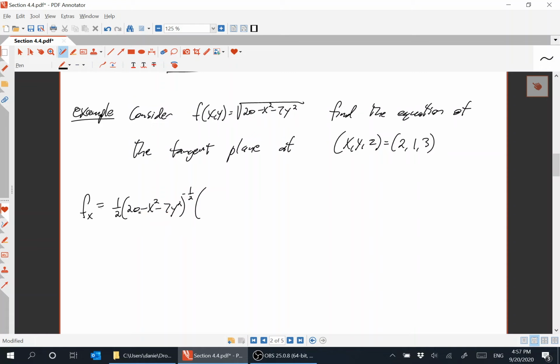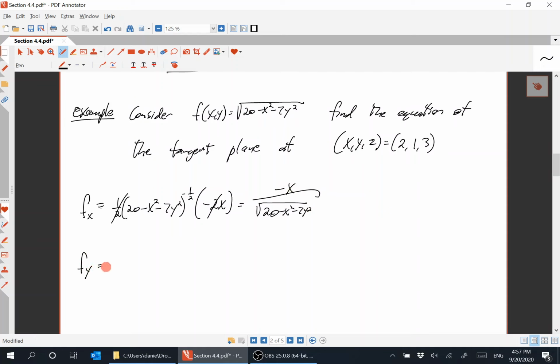Everything else is constant. So 20 is constant, 7y squared is constant. This is just minus 2x. So it's equal to minus x over the square root of 20 minus x squared minus 7y squared.